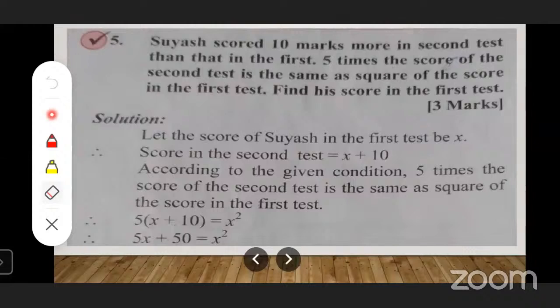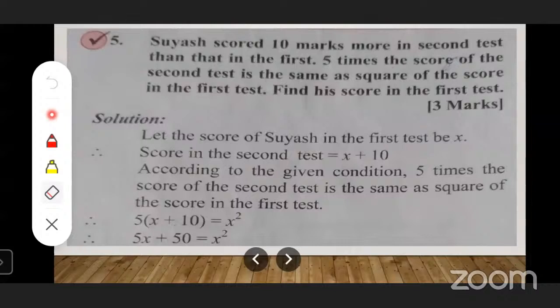Okay, let us read this sum again. Suresh scored 10 marks more in the second test. So if you want to know the marks in the second test, first of all, you should know the score in the first test, right? So first of all, let us assume the score in the first test. Then only you will come to know Suresh's score in the second test.